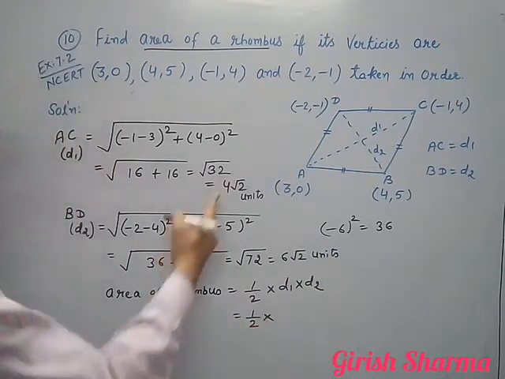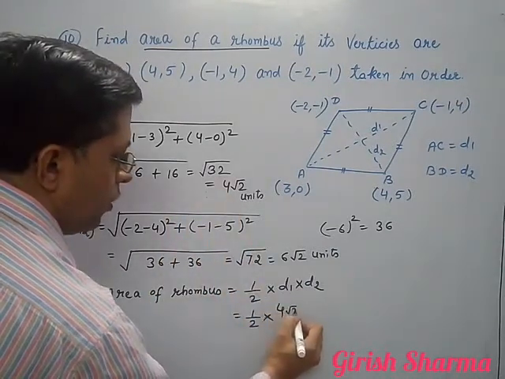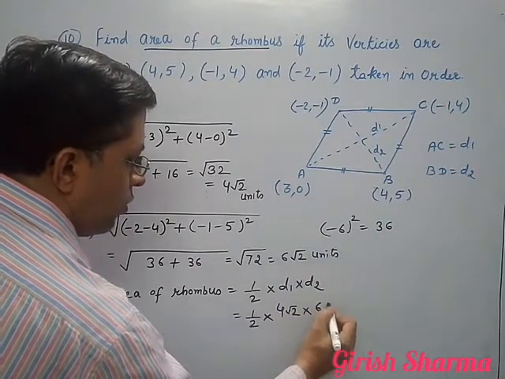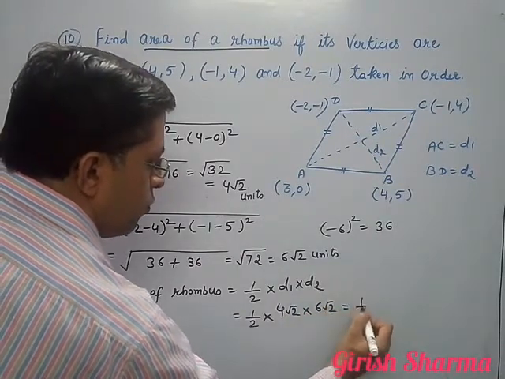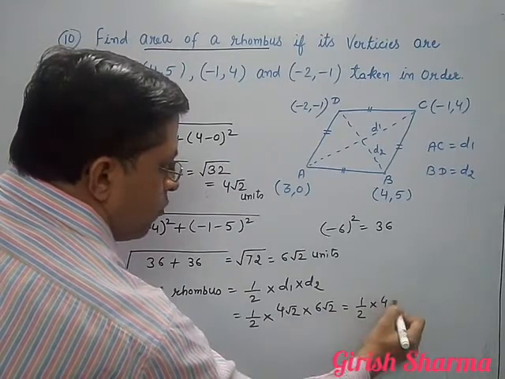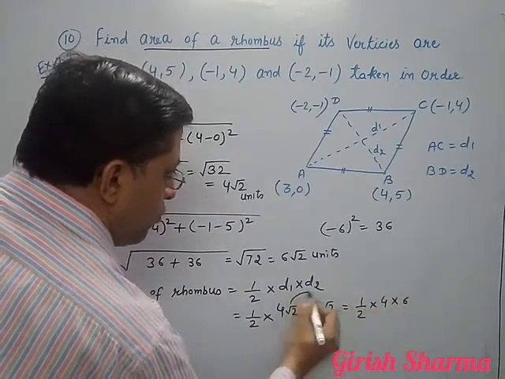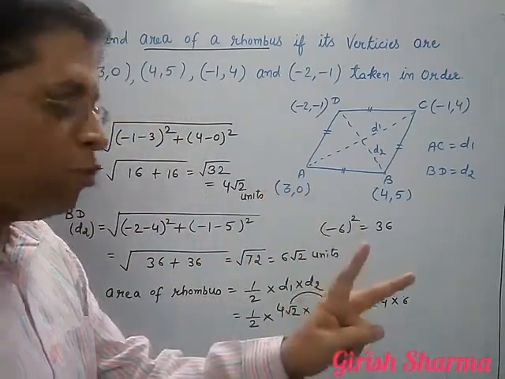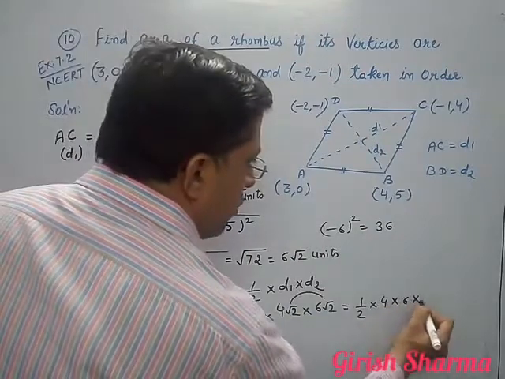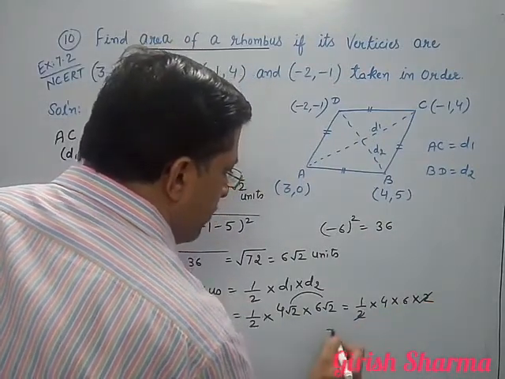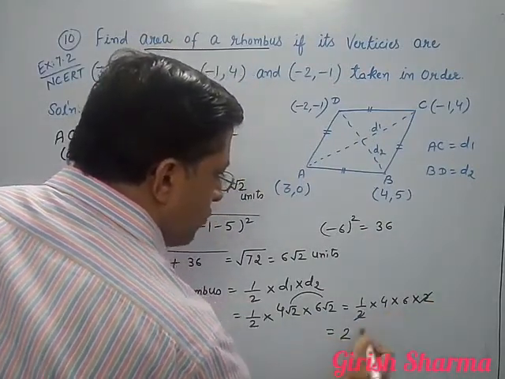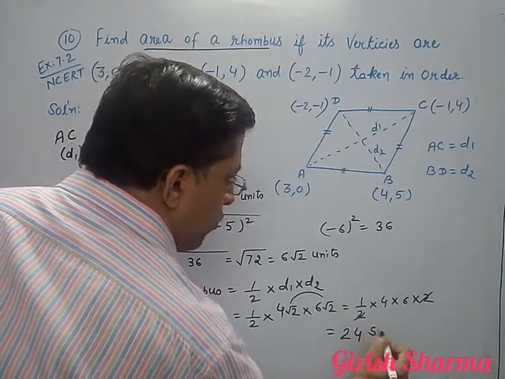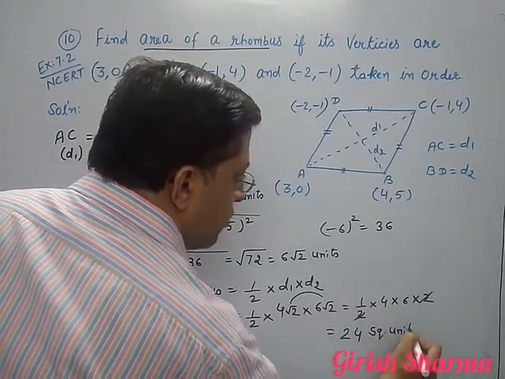What is d1? 4 under root 2. d2 is what? 6 under root 2. What is the meaning? 4 into 6. Root 2 into root 2 is 2. Okay, that is your 2. 2 and 2 cut. What is the answer? 6 4s are 24 square units.